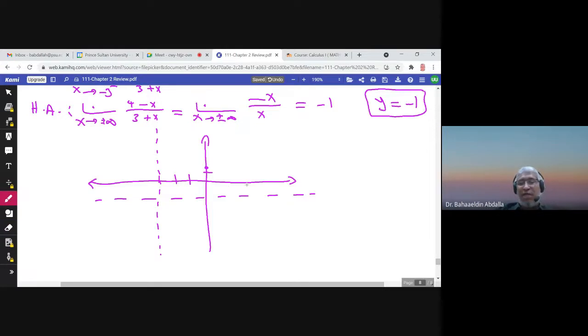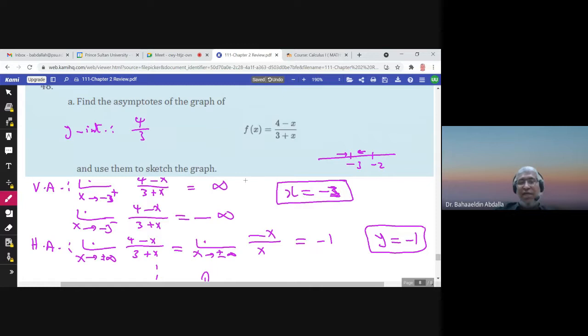Also, it will intersect the x-axis. I can find the x-intercept. To find the x-intercept, I put y equals 0. Cross multiplication, this is 0 over 1. You get 4 minus x equals 0, or x equals 4.